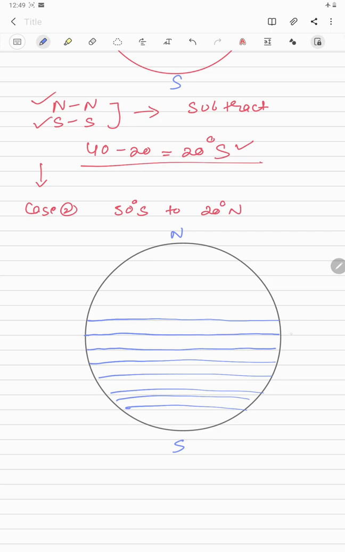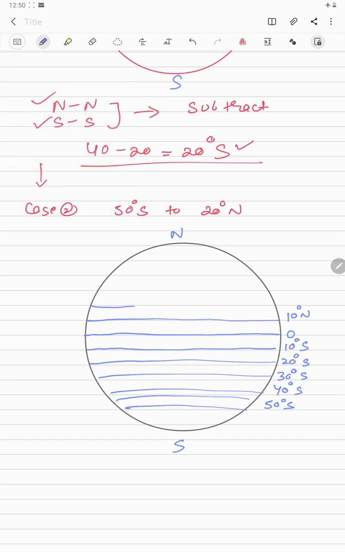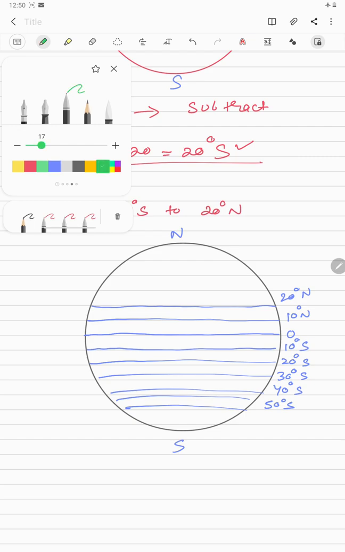So let us mark: this is my equator 0, this is my 10 degree north, this is my 10 degrees south, 20 degrees south, 30 degrees south, 40 degrees south, and 50 degrees south. Now I am moving from 50 degrees south towards the 20-degree north. Let me quickly draw the 20-degree north up here. Very simple.